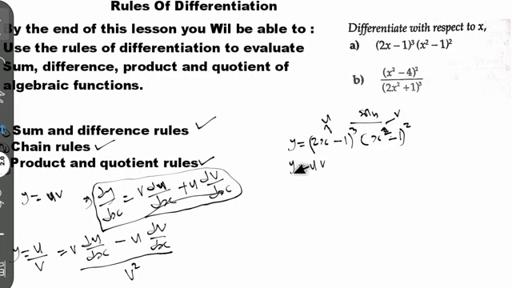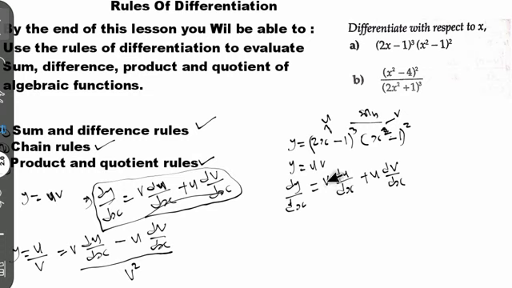We need to find dy/ds, which will be equal to: you leave v constant and differentiate u with respect to s, du/ds, plus you leave u constant and differentiate v with respect to s. That is the solution of this problem.